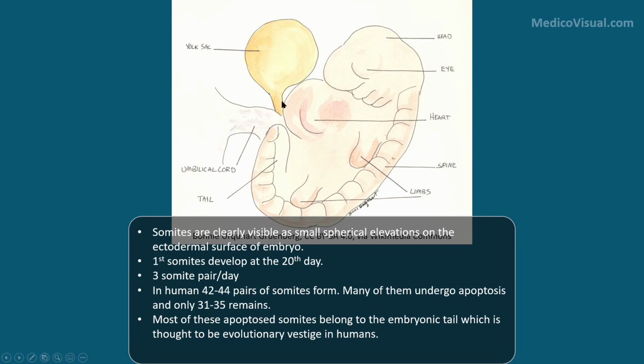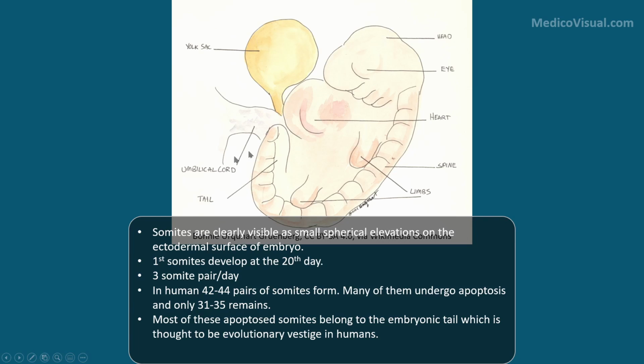Most of these somites that have undergone apoptosis were the part of embryonic tail, and as you know humans do not have tail, but still there is this embryonic tail which is considered as an evolutionary vestige in humans.